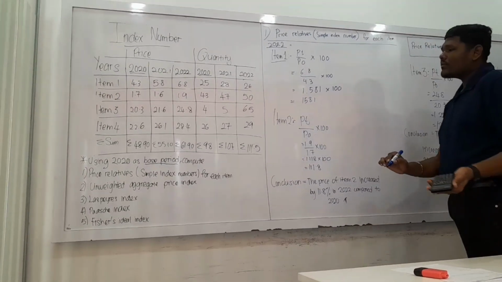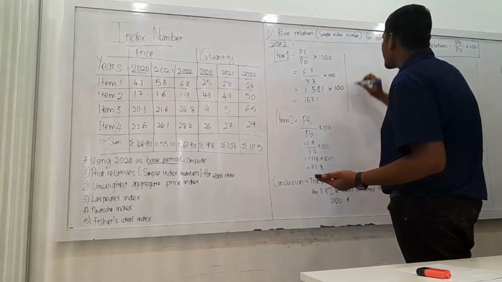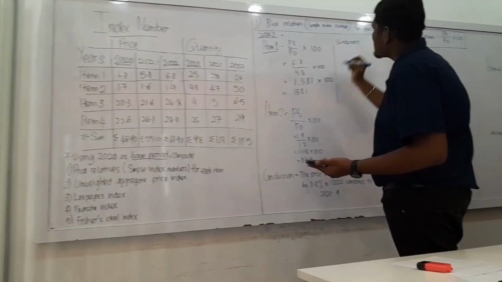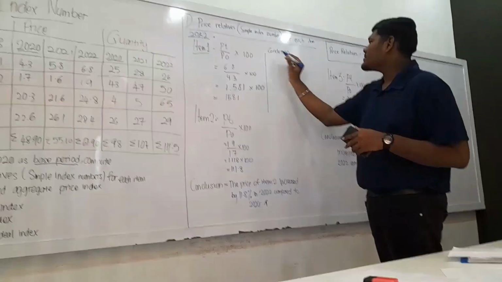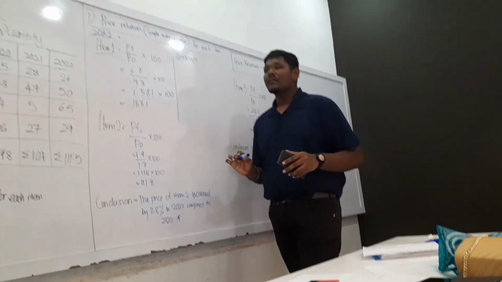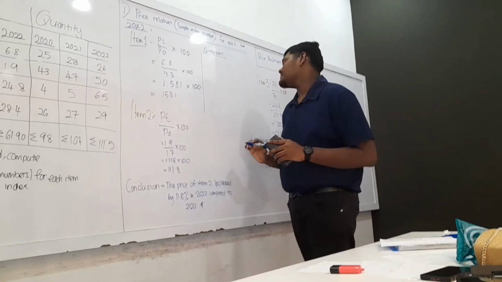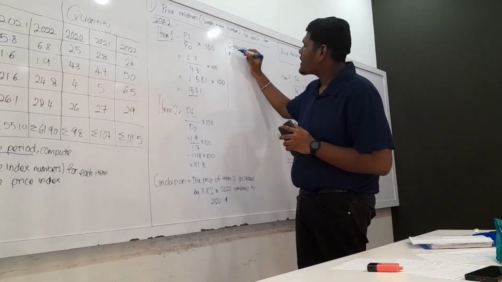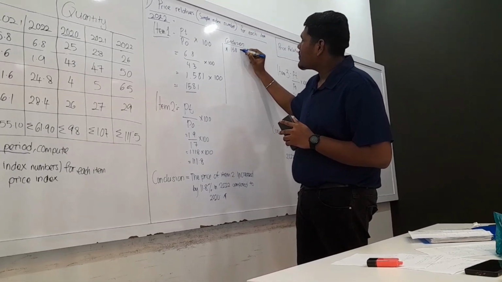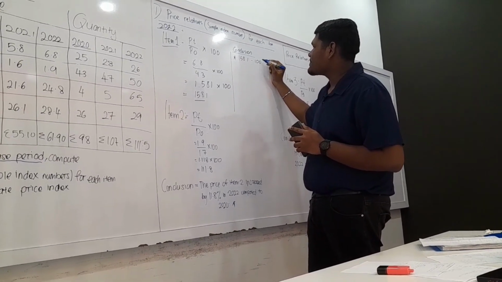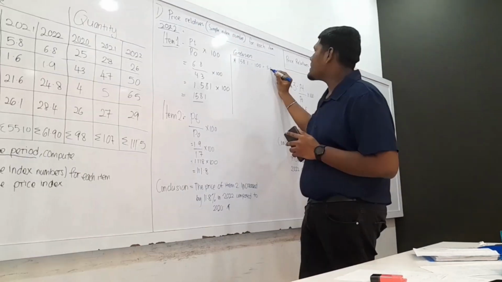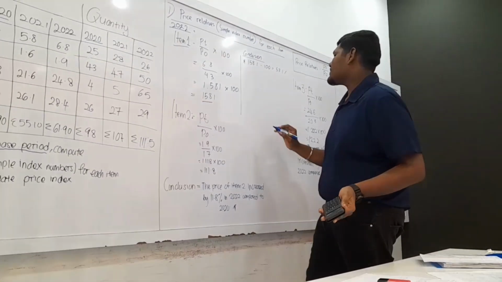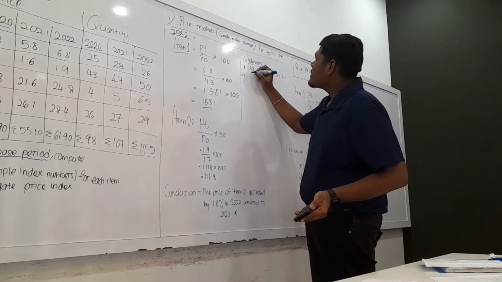Okay, so now we have to do the conversion. As usual, for the conversion, you have to write the answer as a percentage. To make sure you get the percentage, you take this number, which means 158.1 minus 100, and the answer is 58.1 percent. Okay, so let's do the conclusion.